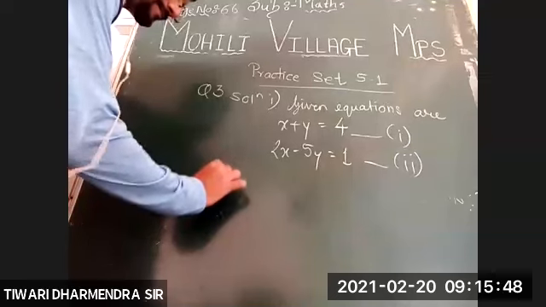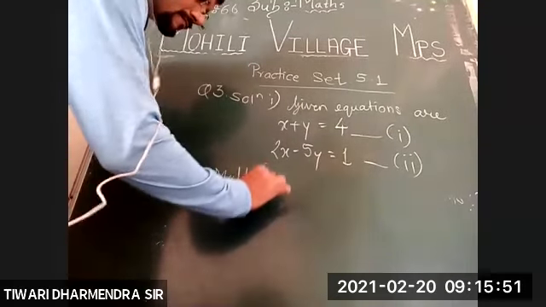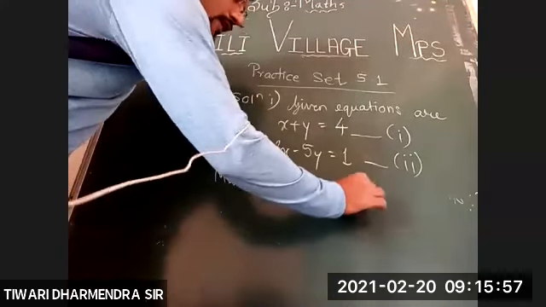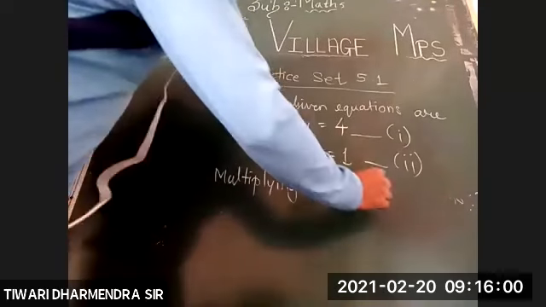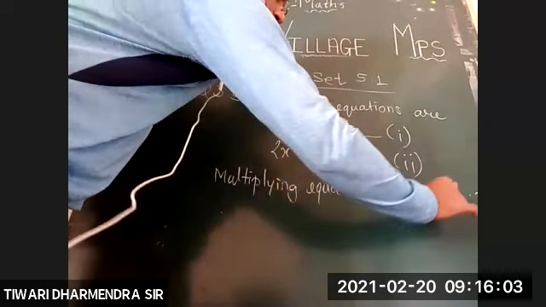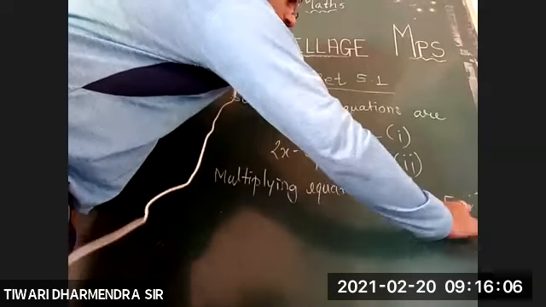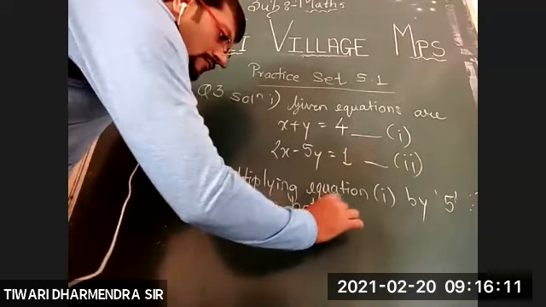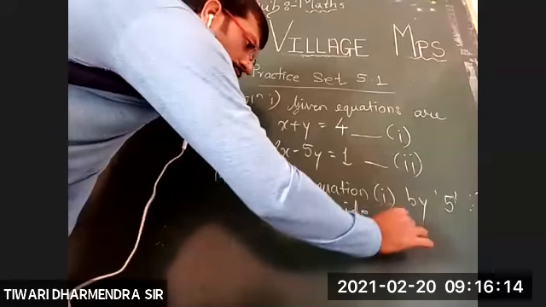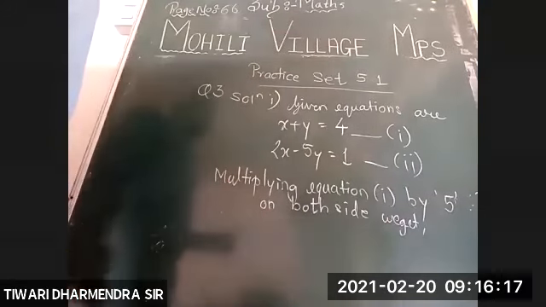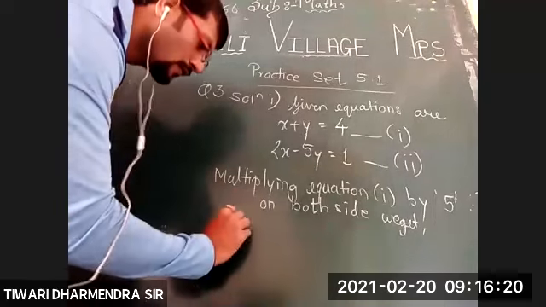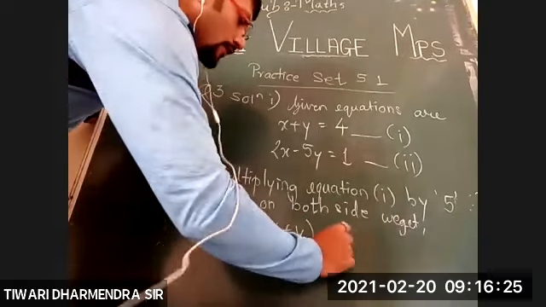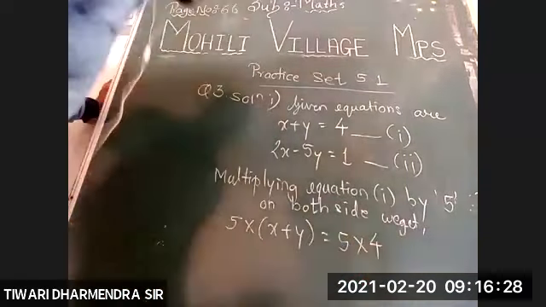Multiplying equation 1 by 5 on both sides. We get 5 into x plus y is equal to 5 into 4.